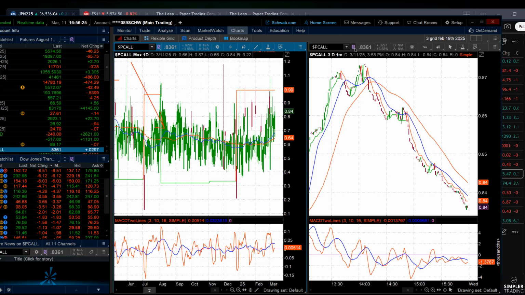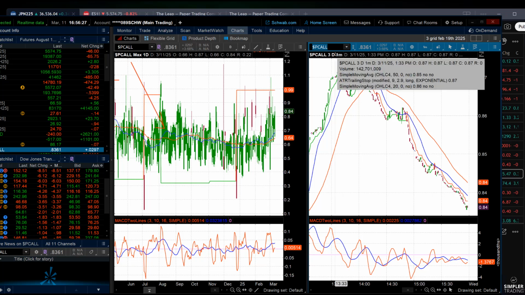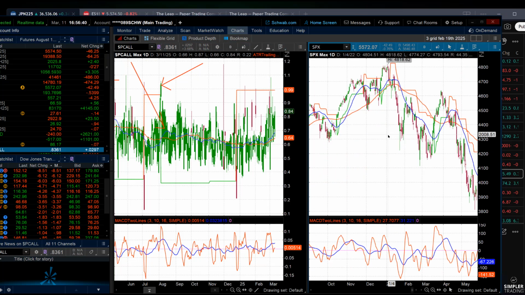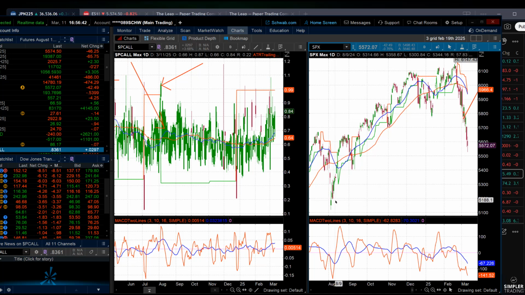Well, if you go on the right and look at the SPX, what was the low? The low was the spike. So the spike on the left, August 5th, corresponded with, on the right, the SPX. Look at this right here. So that was one measure of the panic.